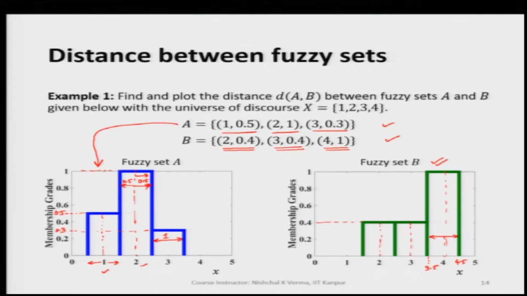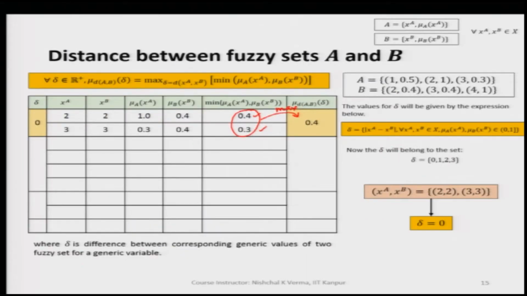If we look at the fuzzy sets that we have taken, these were two discrete fuzzy sets, A and B, and this is how we plotted them.